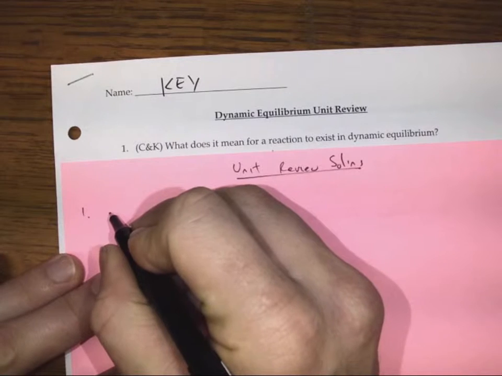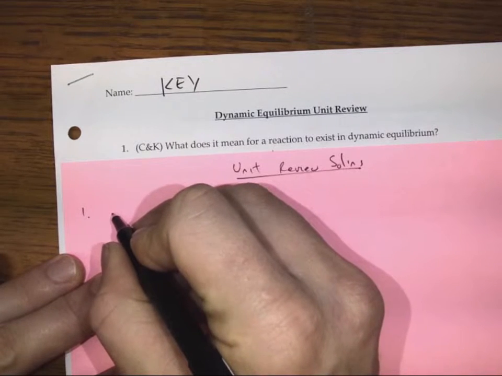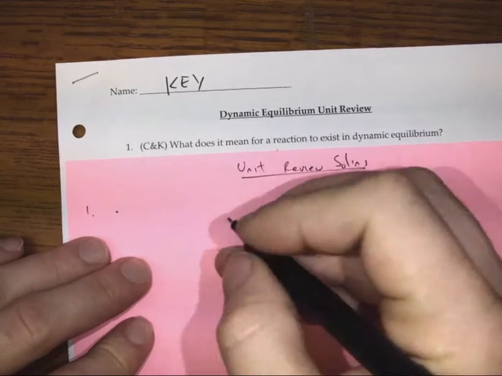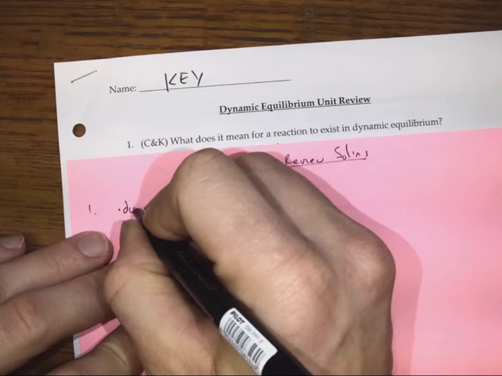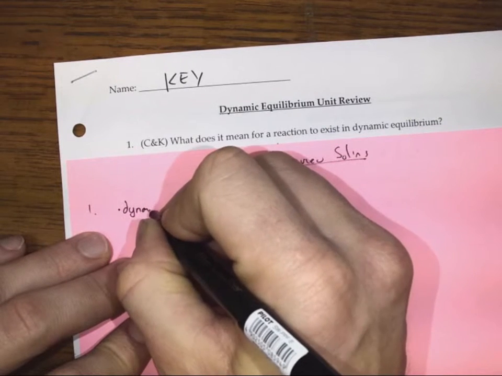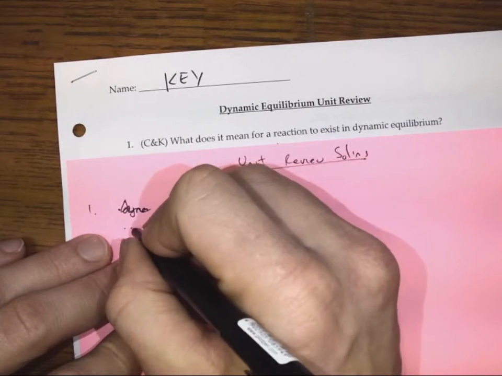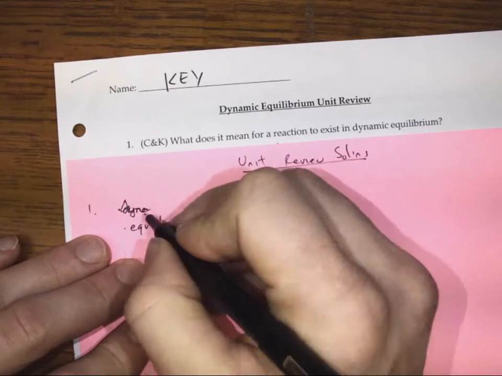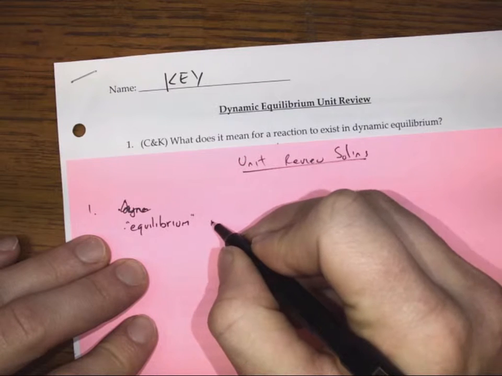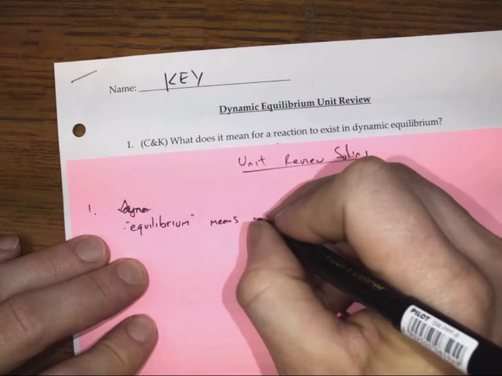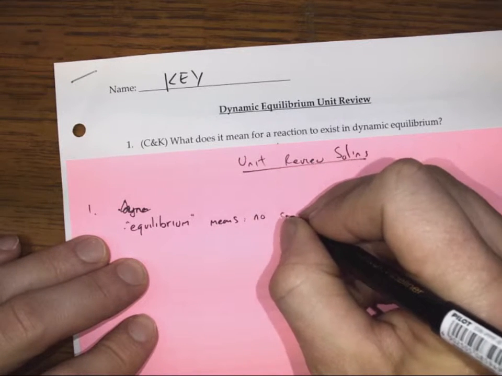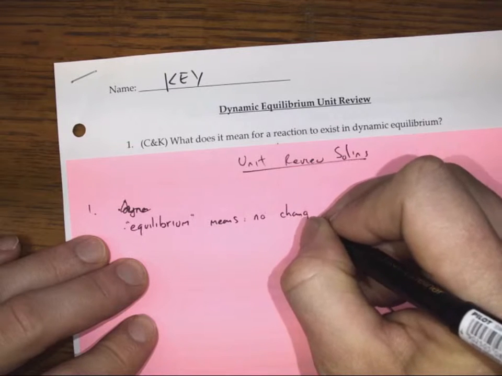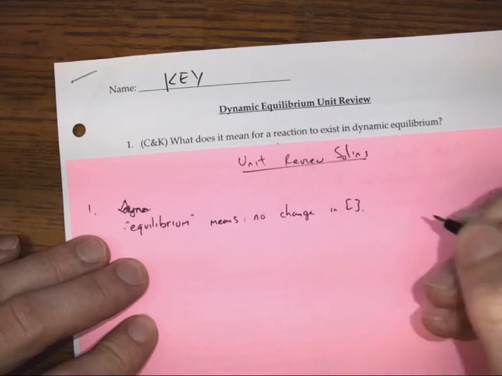Point form is acceptable for a question like this. Let's start with equilibrium. Equilibrium means there is no change in concentration.